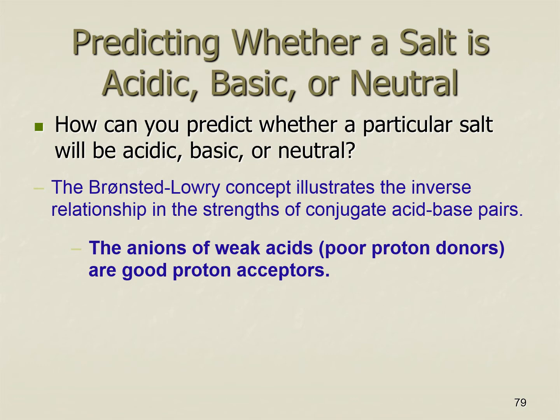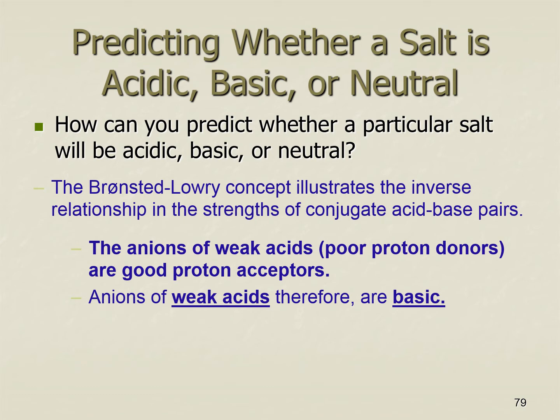So the anions of weak acids are fairly good bases. They tend to be basic because they're willing to accept an H plus from water, leaving OH negative as a product. CN negative is an example of this.